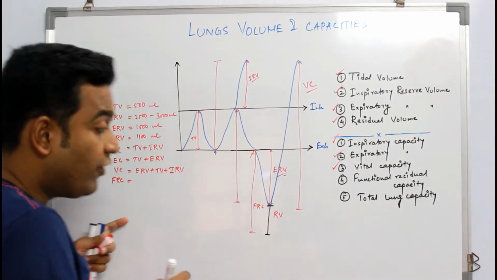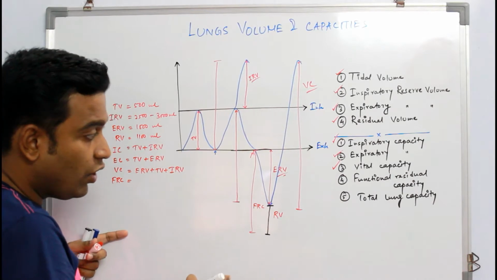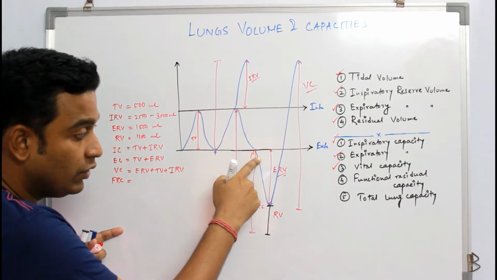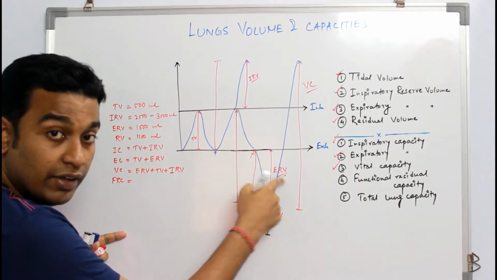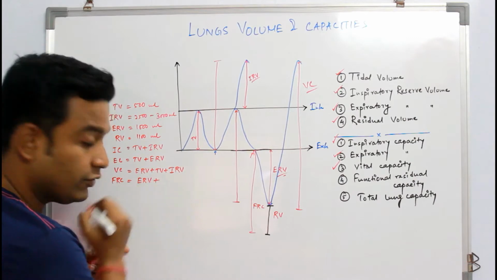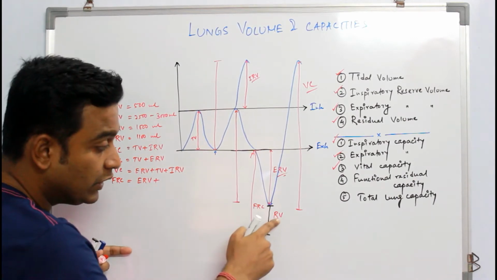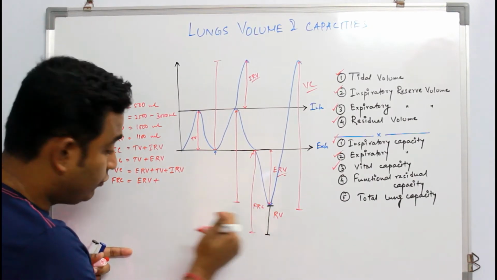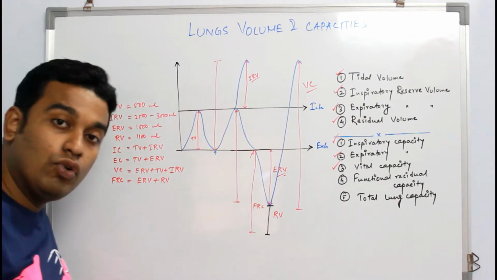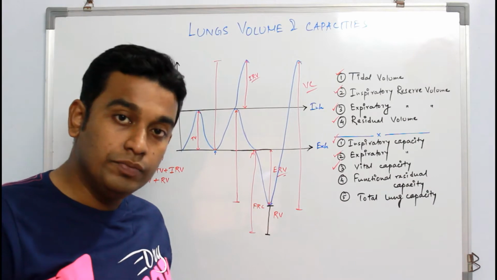So how will I calculate FRC? For calculation of the FRC, I'll write FRC is equal to, this one is your ERV. So I'll write it here, ERV plus. And what else you're left with? You're left with RV, as always. So I'll write it here, RV. And all together is what you call functional residual capacity.